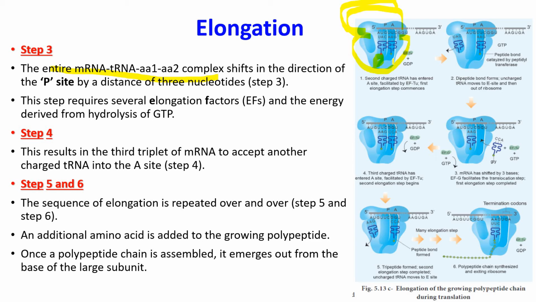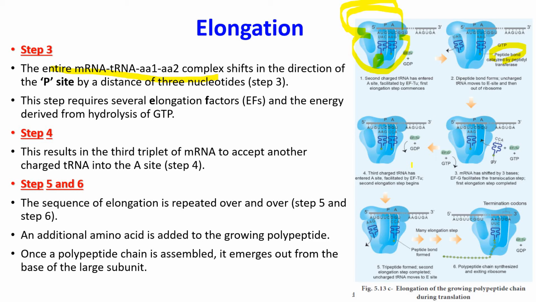Then the second charged tRNA will enter inside. And after that, what is happening? The peptide bond is formed between the added amino acid. Meanwhile, the first tRNA should be removed. So for that, there is a hydrolysis.